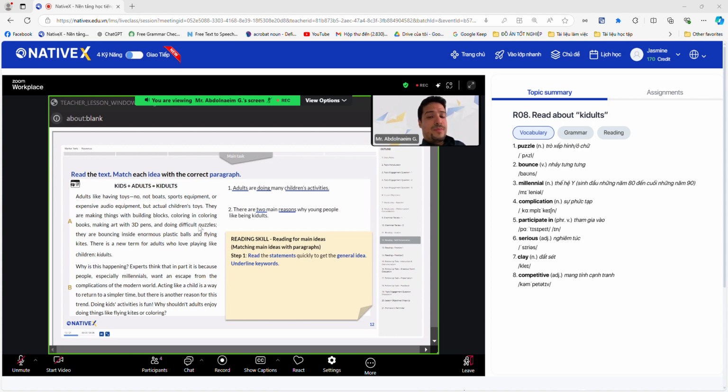Step number two, read the text quickly to get the general meaning and write down a few keywords for each paragraph. So now I will give you a few seconds. Please read the two paragraphs quickly and understand the general meaning and also write down some keywords. You can start reading now.